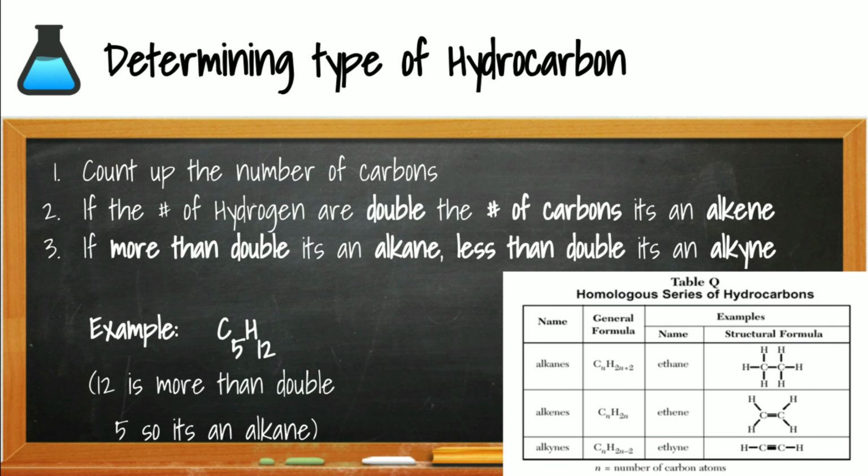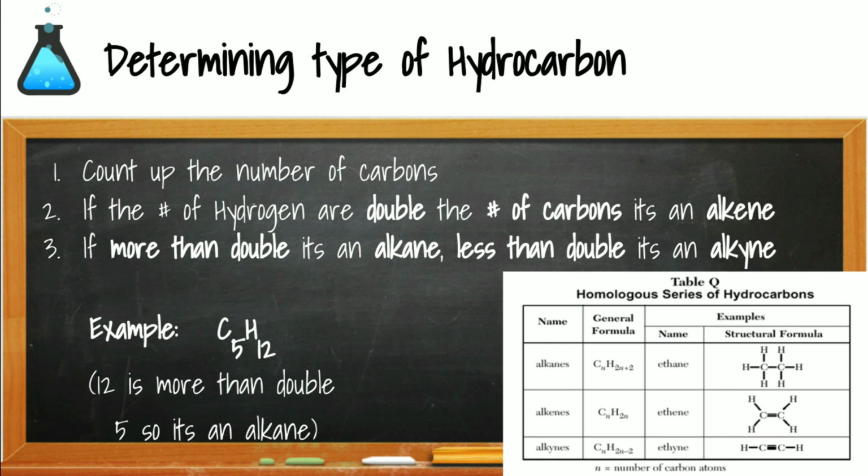One more detail that is given about hydrocarbons on reference table Q is the general formula. You can see that the general formula has this variable N, and we know that alkanes have 2N plus 2 hydrogens for every carbon, alkenes simply have double the hydrogen, and alkynes have 2n minus 2 hydrogens.